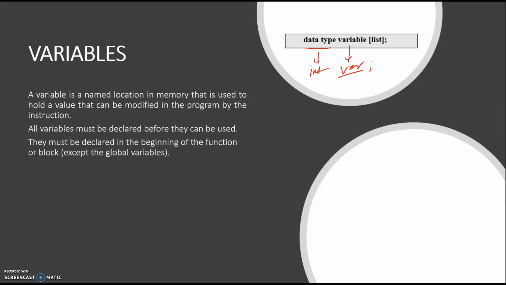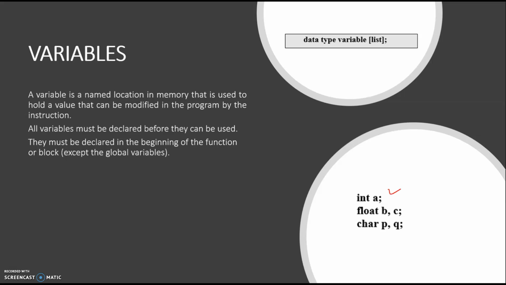If var1 is of float type, I will say float is my data type, and var1 is my other variable. So like this you can use this instruction. This is the syntax to declare a variable.